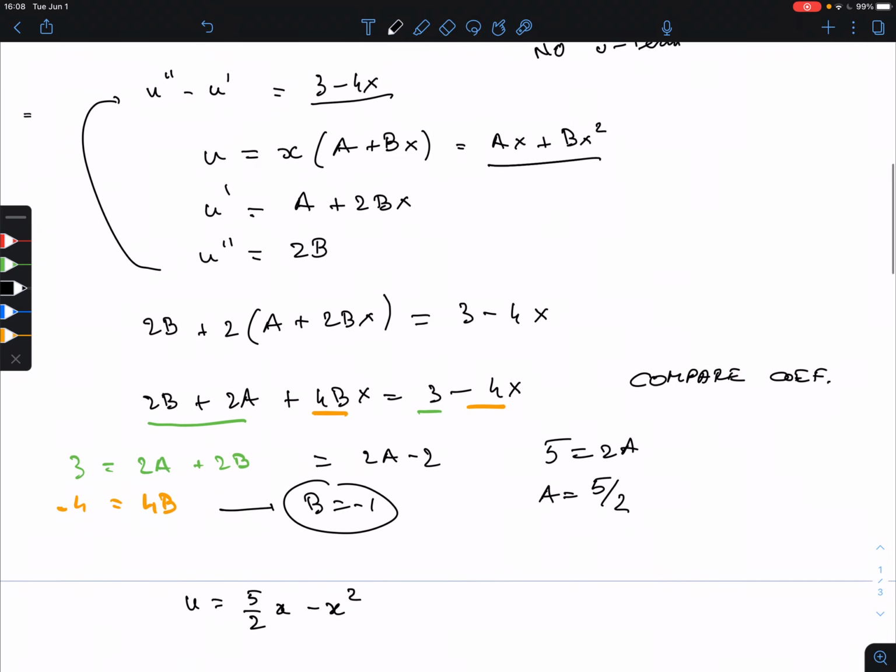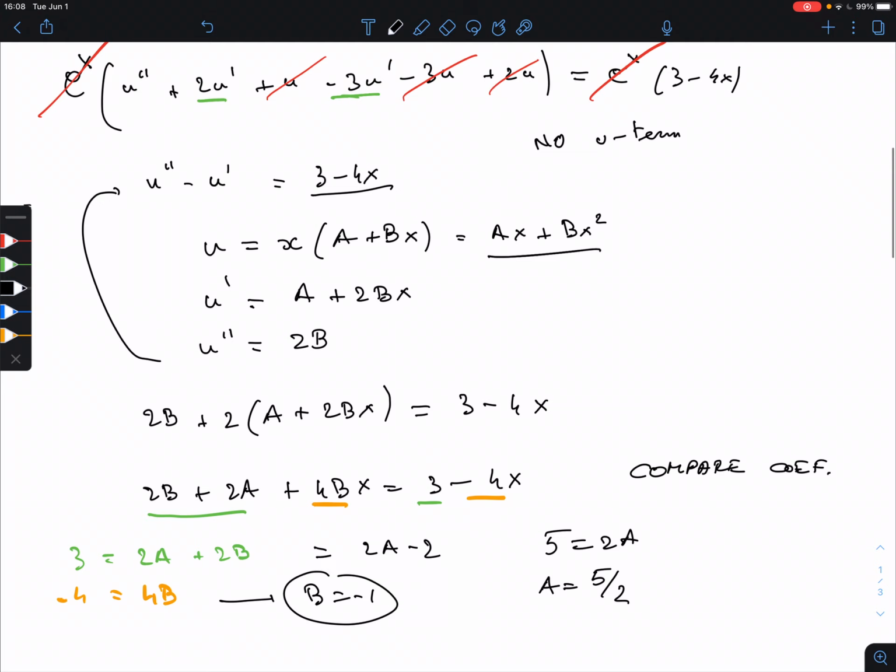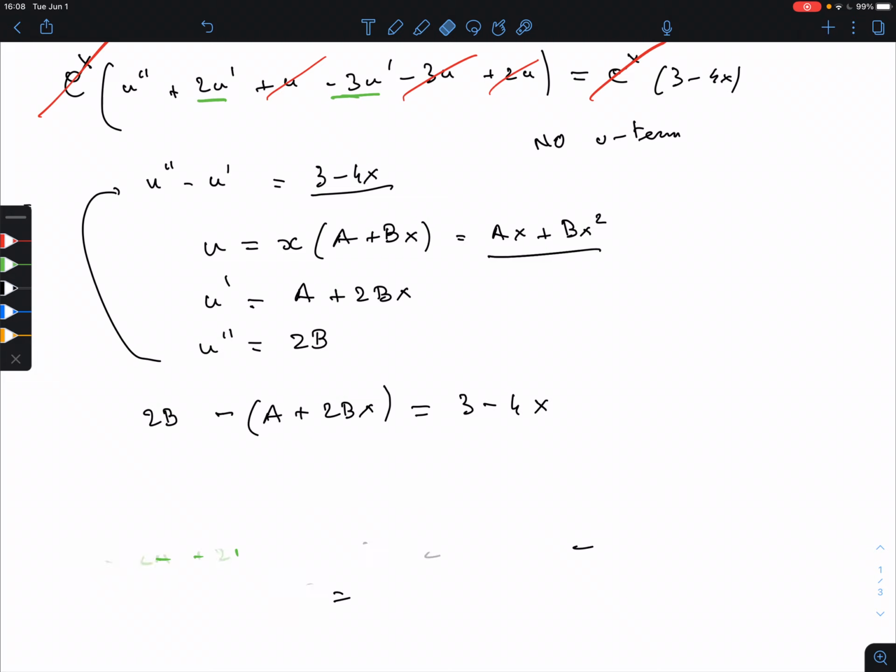So instead of a plus 2, this is a minus here. We have to just adjust these things. So that's a minus. Let me erase everything else here. So we get 2b minus a minus 2b x is 3 minus 4x.